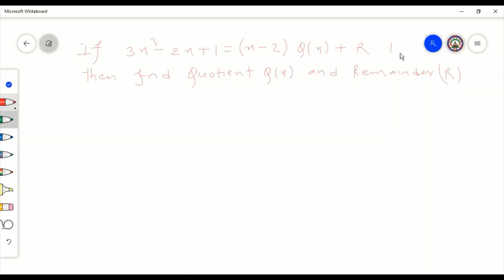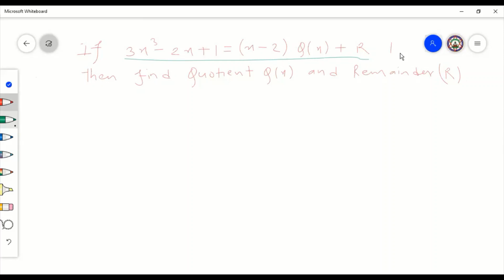Now this is the one of the equation you are given here. This is the one of the equation you are given. So now 3x cubed minus 2x plus 1 equals to x minus 2 and the qx plus r.